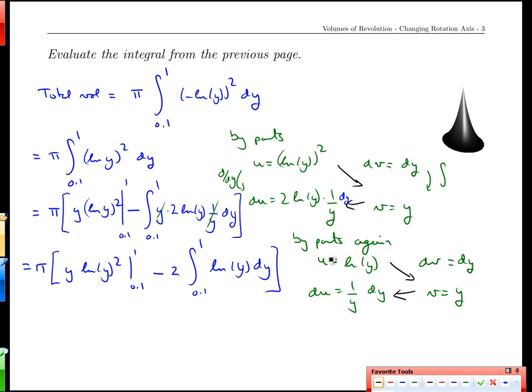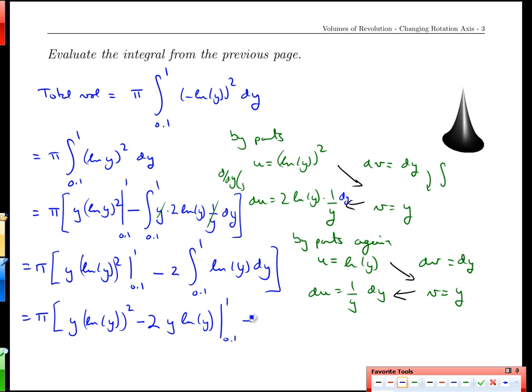The integral here can be written as u times v minus the integral of v du. So we extend this another step, and what do we get? We get pi times y ln of y squared. Let's be a little more precise with the brackets there. And we're going to get some more stuff next. So minus 2y ln y, all of that between 1 and 0.1.